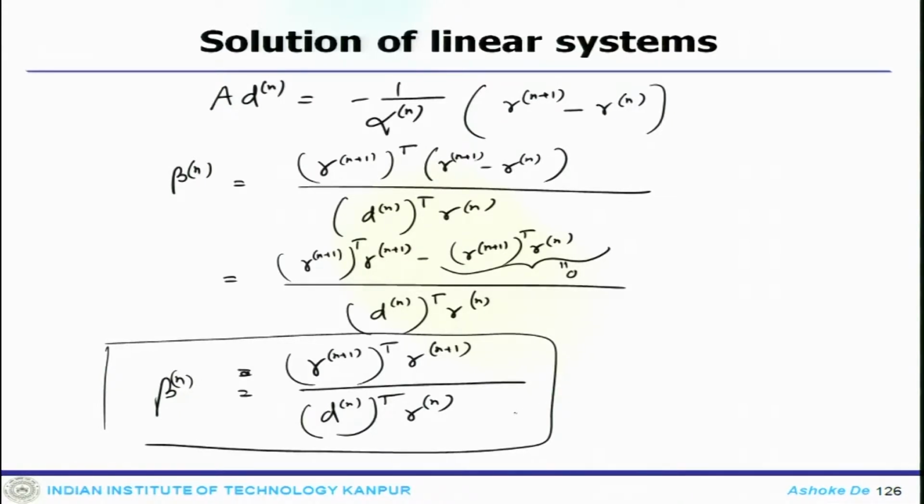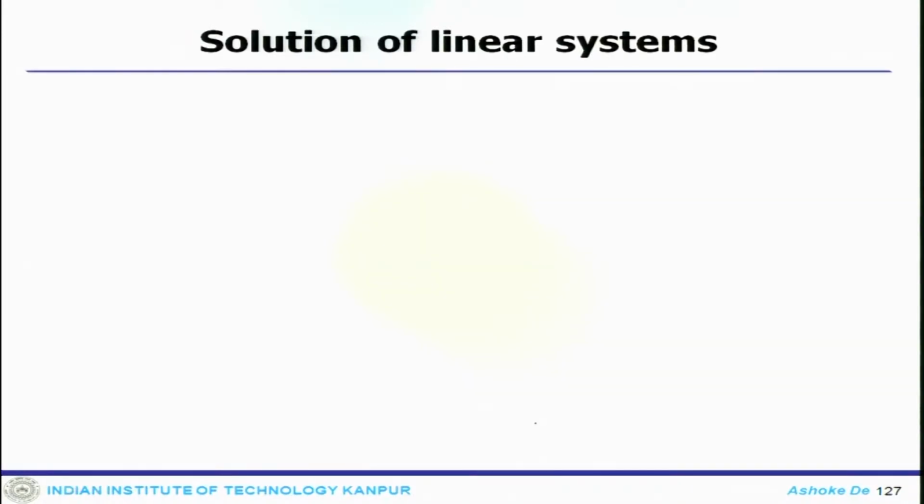Now, the denominator which is sitting here in the expression of beta can be further expressed. d n transpose R n is equivalent to R n plus beta n minus 1 d n minus 1, transpose R n.